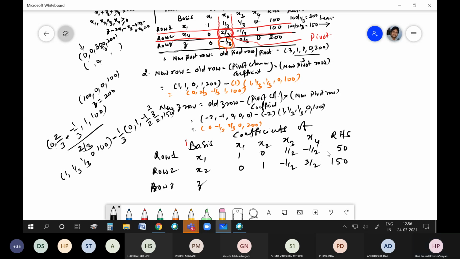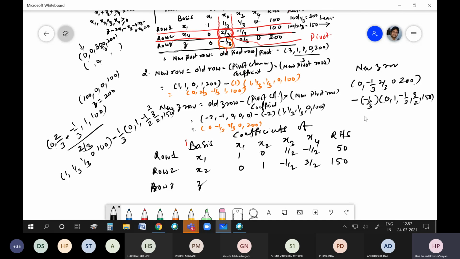What is the new Z row? The new Z row will be the old Z row, which is 0, minus 1 by 3, 2 by 3, 0, 200, minus the pivot column coefficient corresponding to Z, which is minus 1 by 3, into the new pivot row, which is 0, 1, minus half, 3 by 2 and 150.